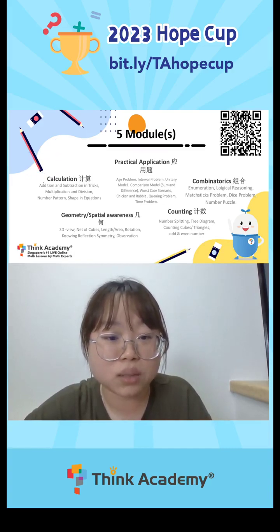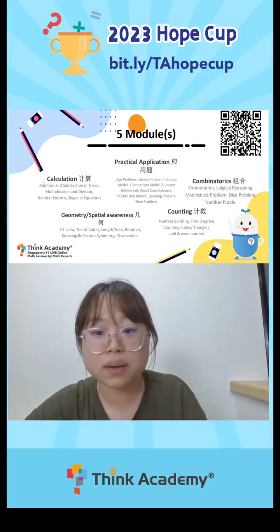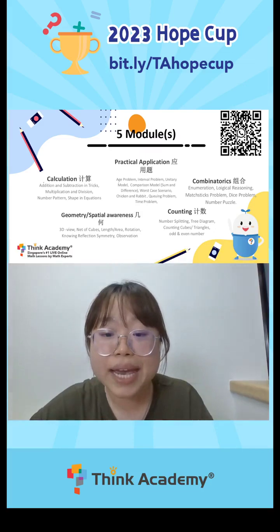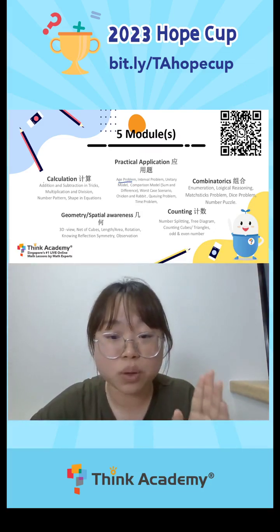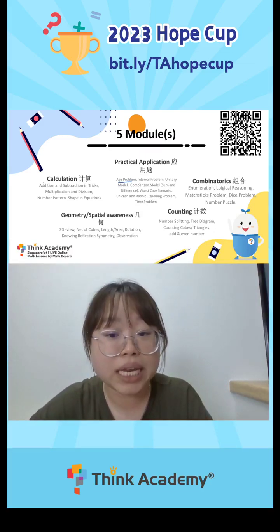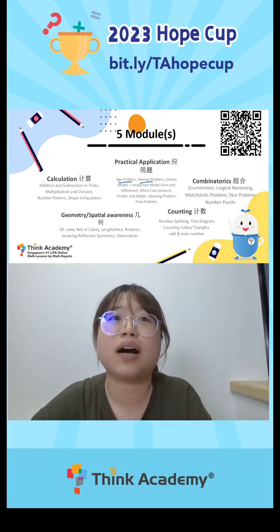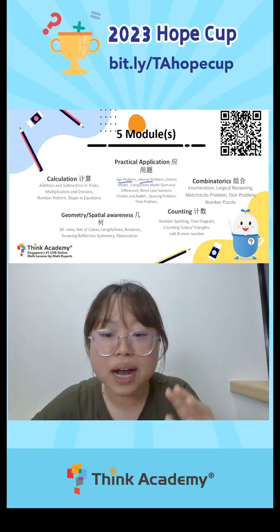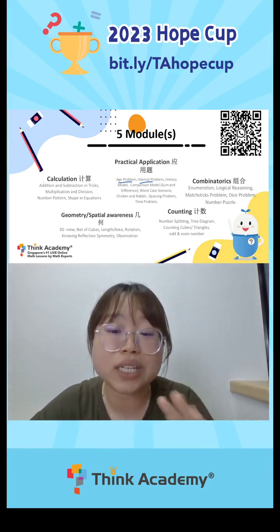Okay, what about the other modules? Alright, practical application. Most common questions I already list out here. Age problem, right? Age problem is the most common question. Again, interval problem. Like say, I plant trees along a pathway and I want to plant at both ends. How many trees are there? This is what we call interval question.